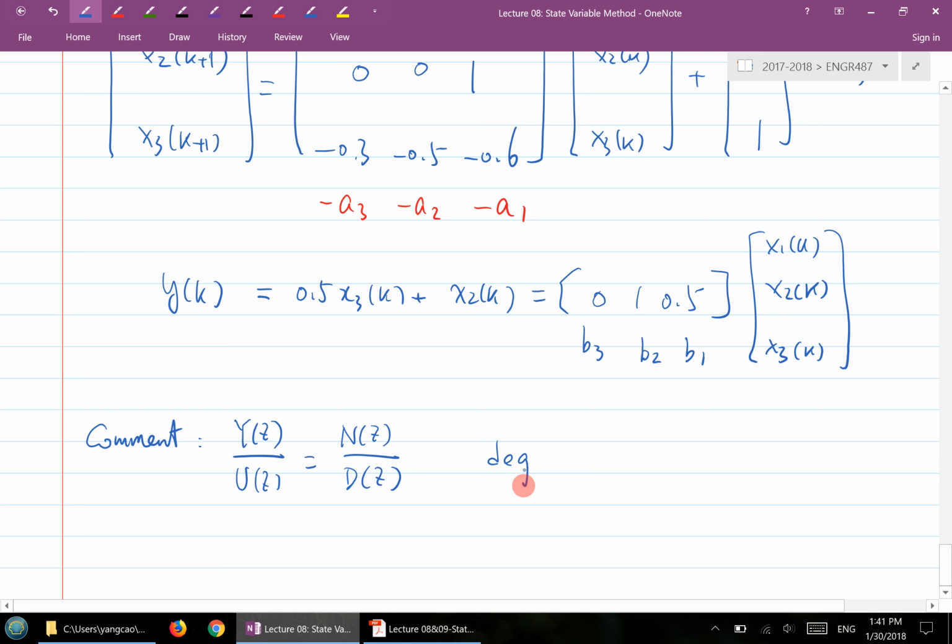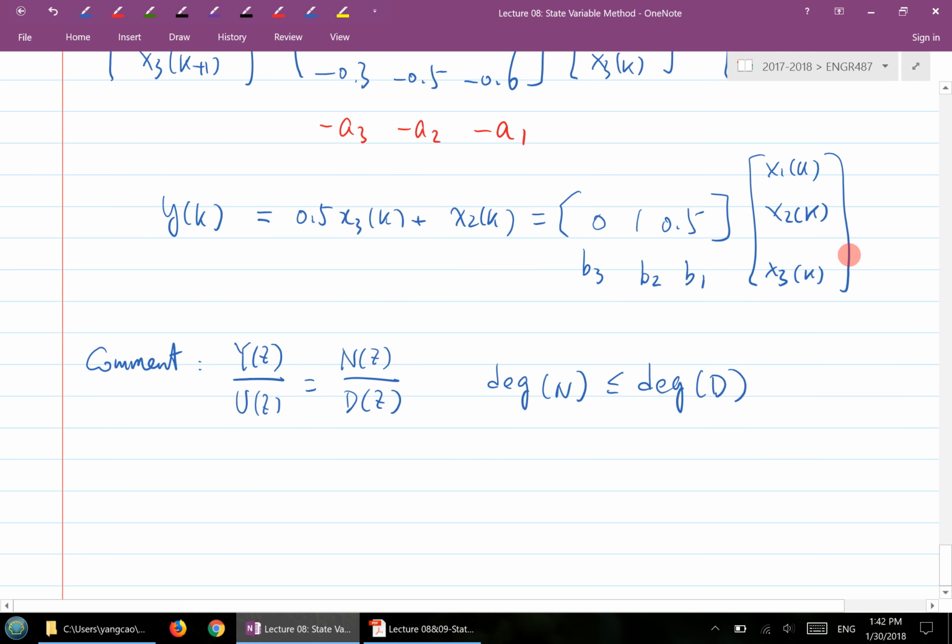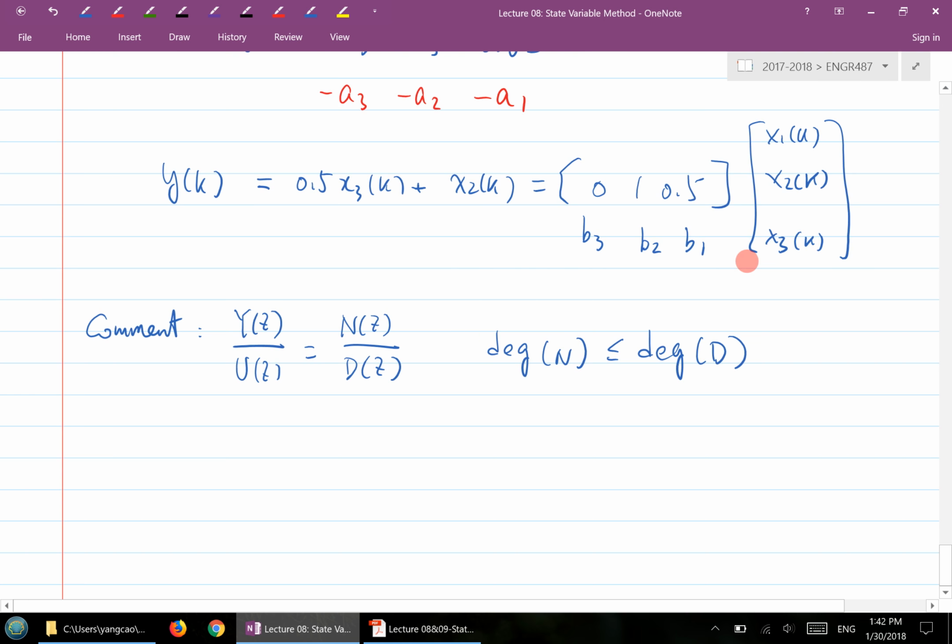I did mention that just from this example, what we typically have is the degree of the numerator is less than the degree of the denominator. So let's take a look at a special case here.